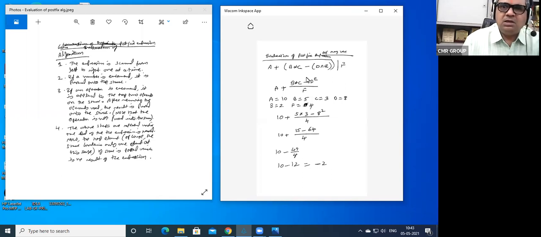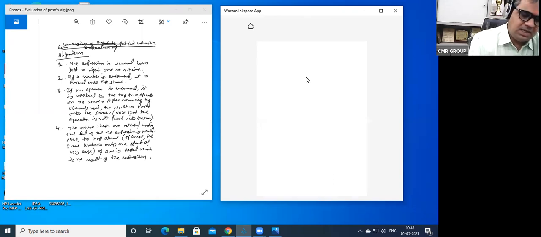Next I'm doing my infix expression evaluation. The infix expression we have written here is a plus b into c minus d power e, then divided by f.